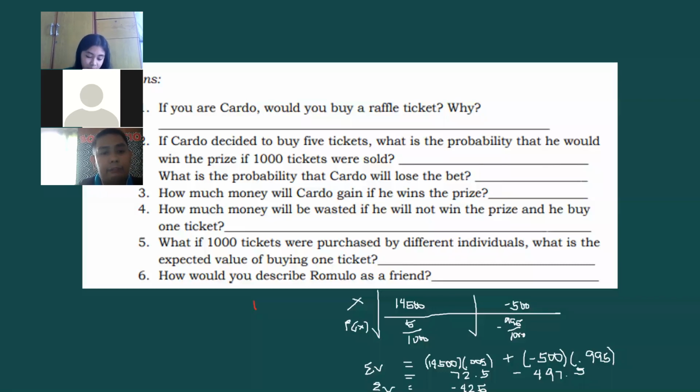Ibig sabihin nag-negative 425. Ibig sabihin nun, pagkataya mo pa lang, hindi pa nabobola, natalo ka na agad ng 425, sure ball. Sa 500 mo, natalo ka agad ng 425.